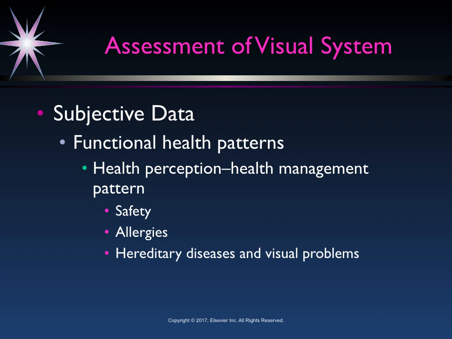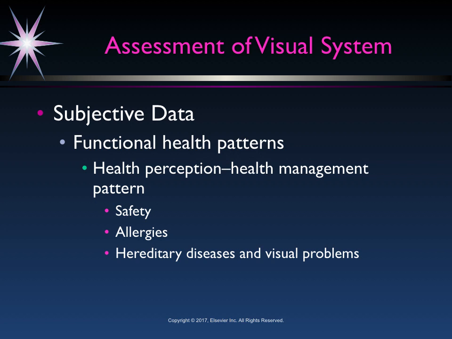You'll often find that as people get older, they will talk about how they don't like to drive at night, that they just don't see as well at night as they used to, and they would rather not drive at night. Also, are they using their contact lenses appropriately and cleaning them properly. You also want to obtain information about their allergies.